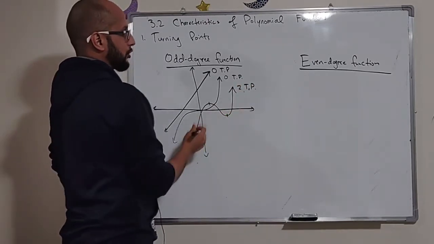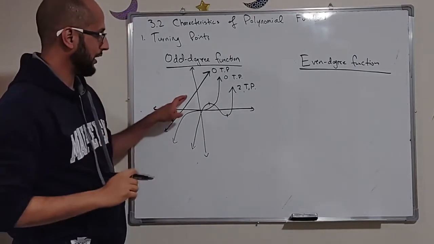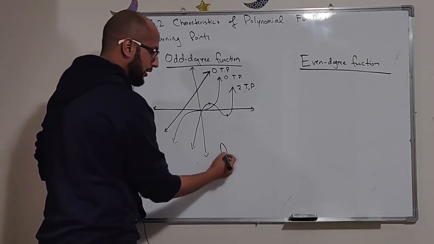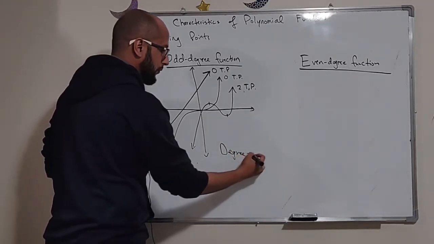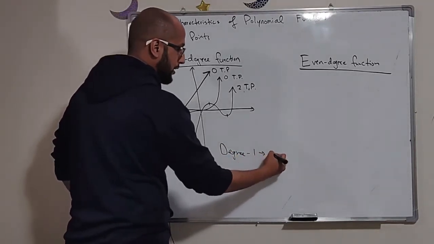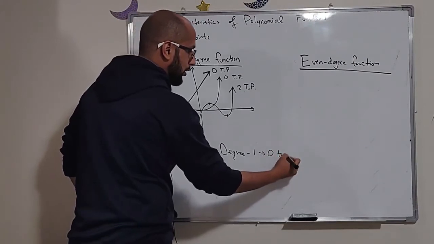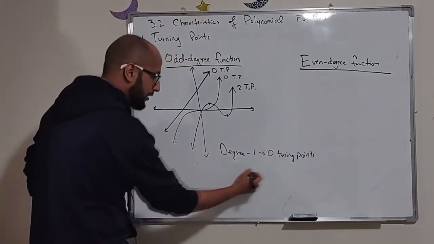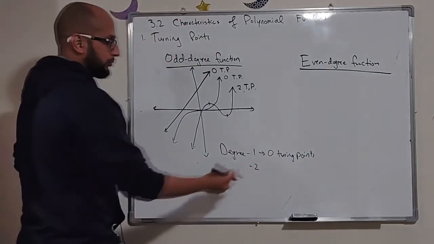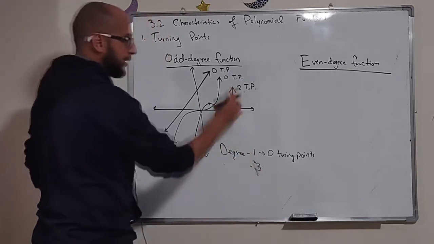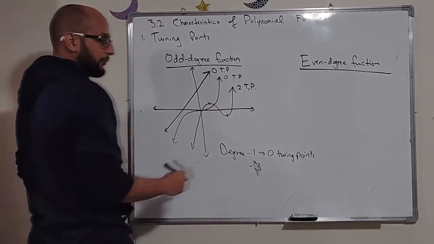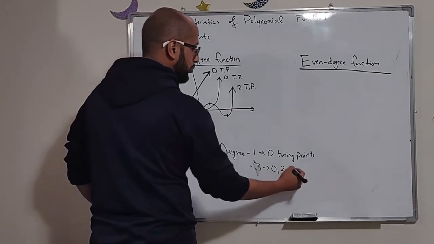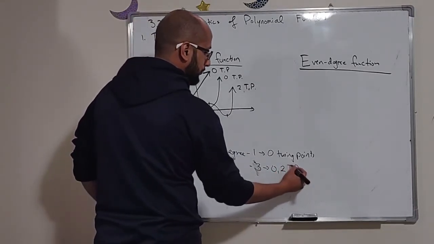Now, what we notice is in a linear function, there's none. So if the degree is 1, there is a possibility of 0 turning points. If the degree is 3, because the cubic function has a degree of 3, you can have 0 or 2 turning points.